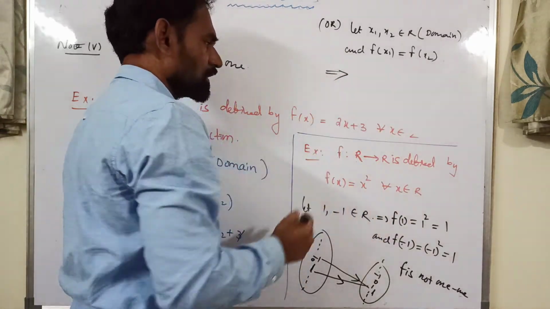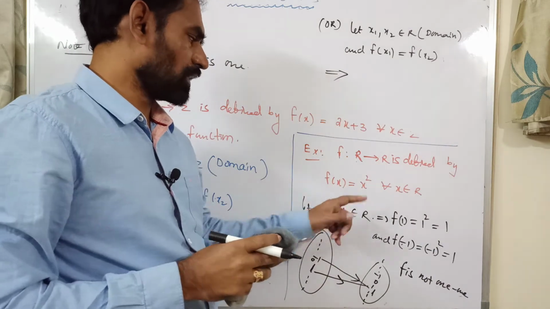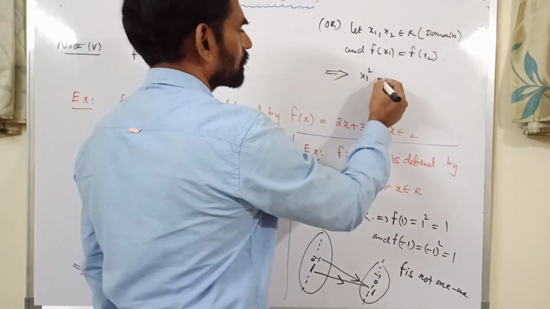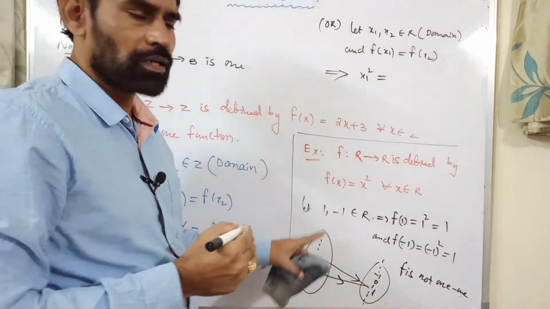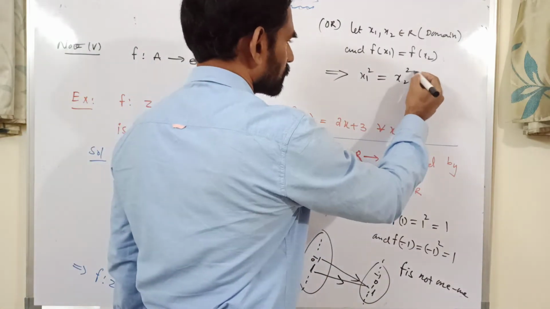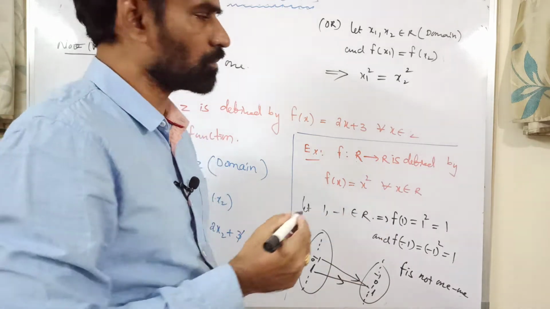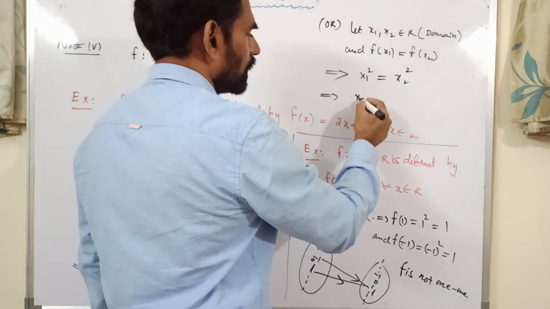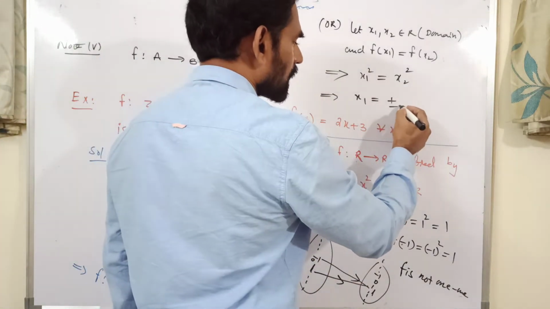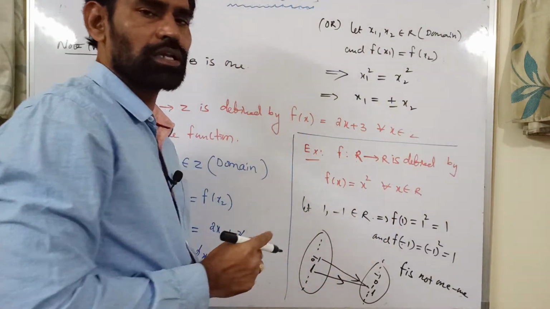f of x1 means x1 square. f of x2 means x2 square. So x1 square equals x2 square. That implies x1 equals plus or minus x2, not only plus x2.